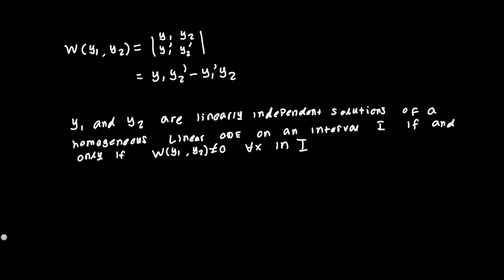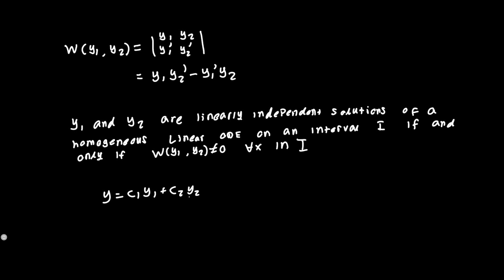The main consequence of this is that if we find any two linearly independent solutions to a second order homogeneous linear ODE, we have found the solution, which is simply y is equal to c1 y1 plus c2 y2.